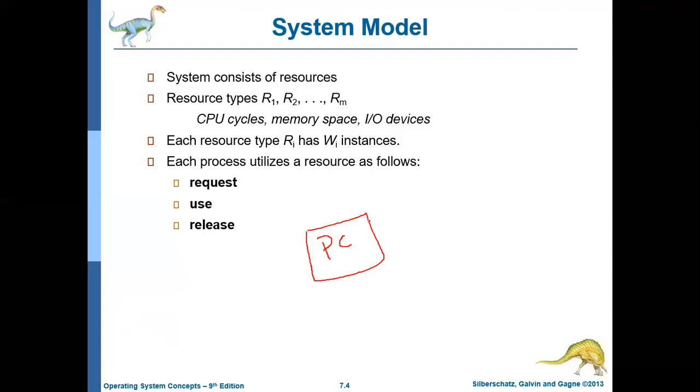So it means there is a resource printer, and how many instances we have? We have only one instance. Similarly, there is a resource scanner, and how many instances we have? We have only one instance. So there is one instance of printer and one instance of scanner.